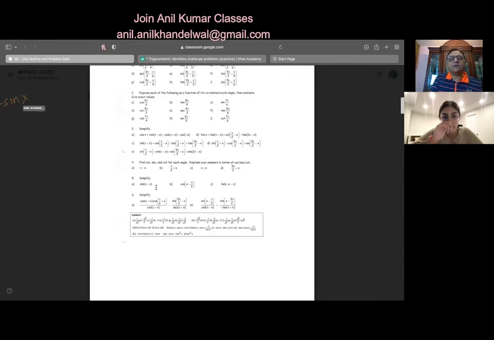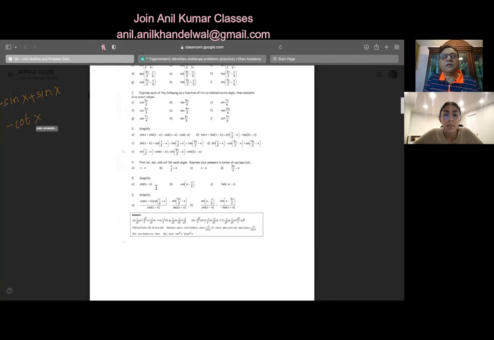Next term, plus cos of pi over 2 minus x. Cos means plus sine x. Is it okay? So I'm writing them as correlated. Cos of pi by 2 minus x is sine x, right? Next term, plus tan of pi by 2 plus x, cofunction identity, minus cot x. Is it okay?